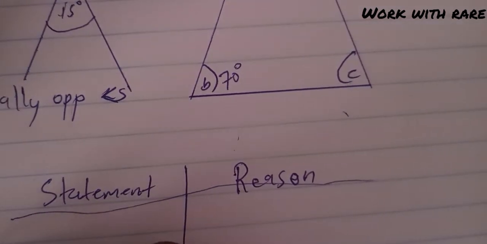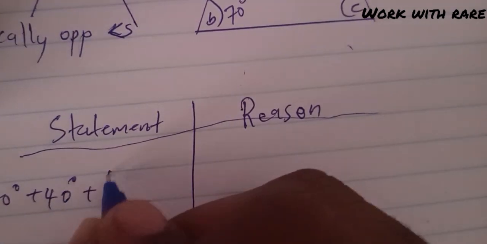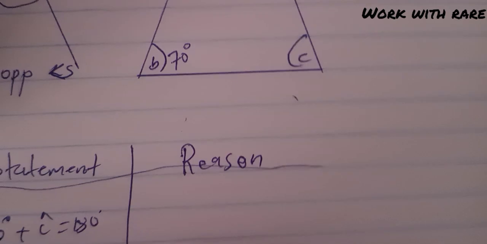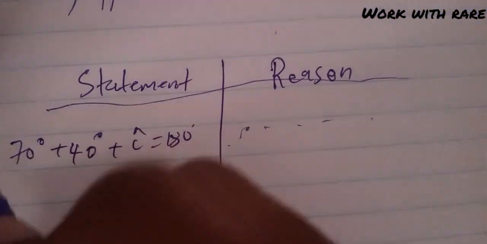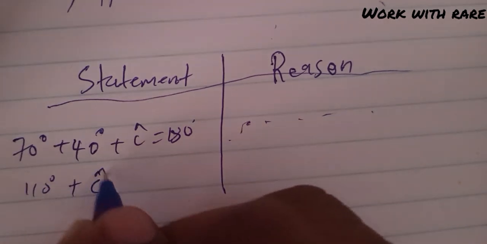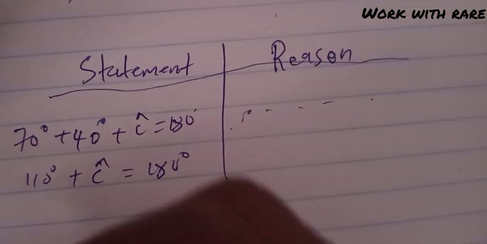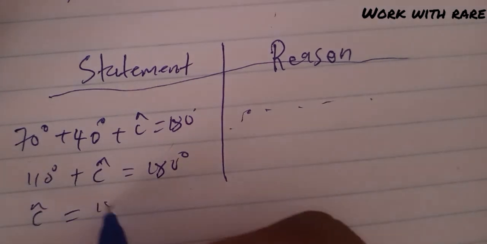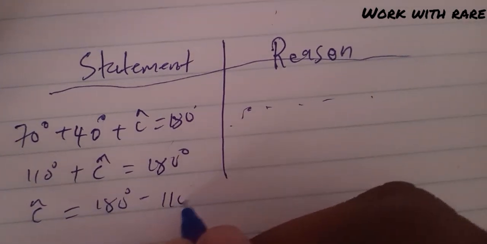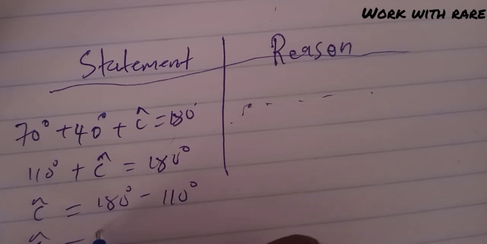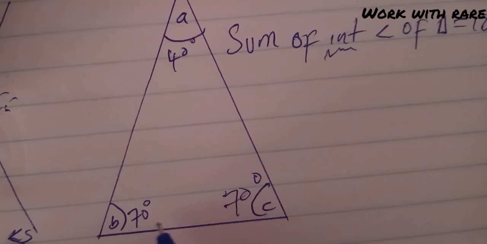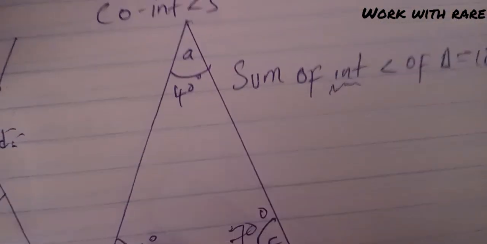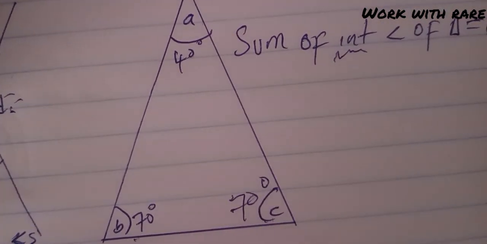Like we said, 70 plus 40 plus angle C is equal to 180. Then this reason you will write here. Then you add these two, they give you 110, angle C, 180. Then you take 110 to the opposite side because you want angle C. Then you get your answer as 70. So if I take this angle, this angle and this angle and add them all together, they will give me 180 degrees.